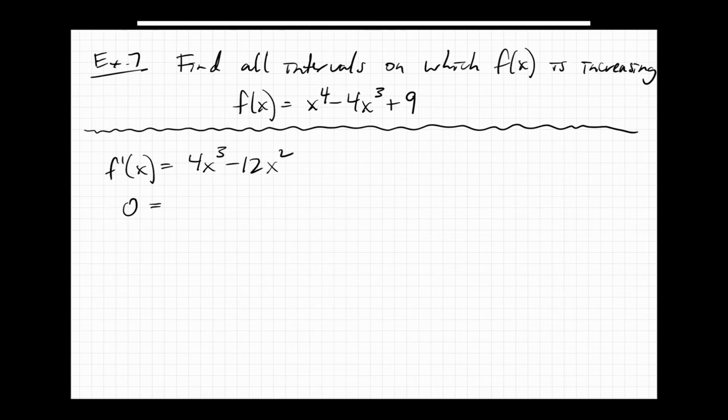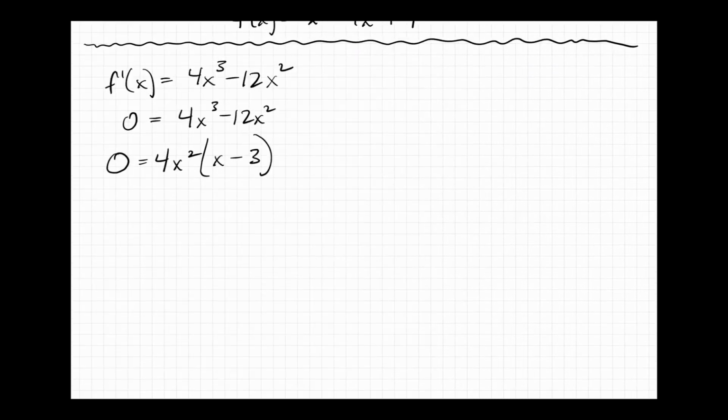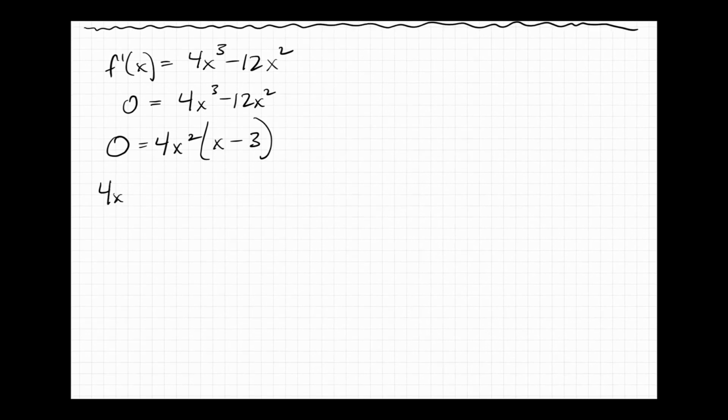Set it equal to 0. We factor out 4x squared, and I get x minus 3. Set those equal to 0, and you get 2 critical values.